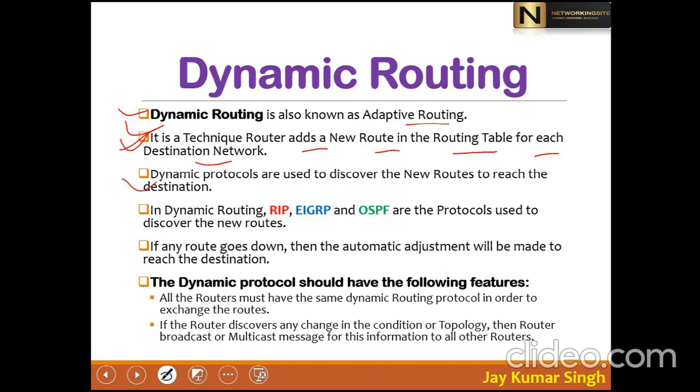Dynamic protocols are used to discover new routes to reach the destination networks. In dynamic, we have three different types of protocols: RIP, EIGRP, and OSPF. And I already told you that it is an automatic adjustment between neighbors if there is any topology change.